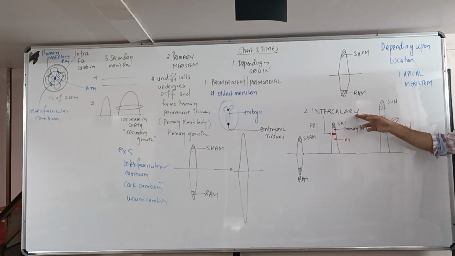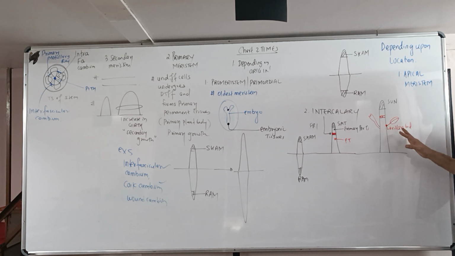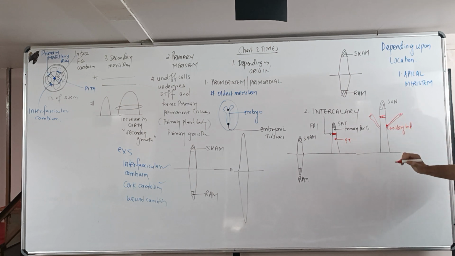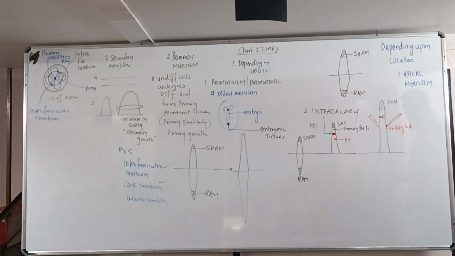Intercalary meristem, which will form side leaves, branches, side growth. I hope you got my point. So it will result in the formation of the side branches and everything. So intercalary meristem is a temporary meristem or a permanent meristem? Temporary, because it will get over.